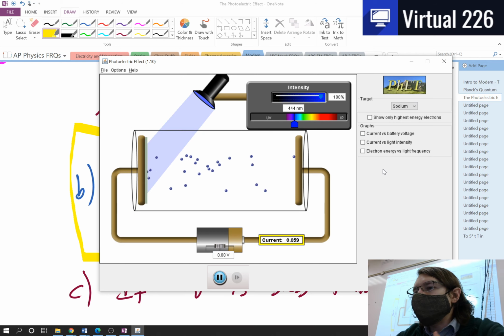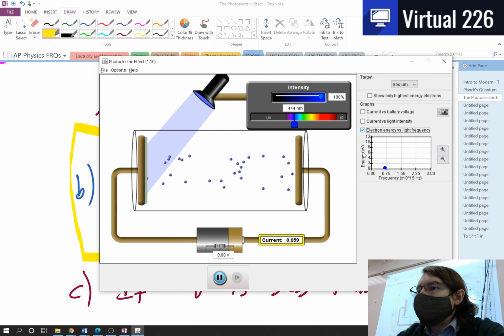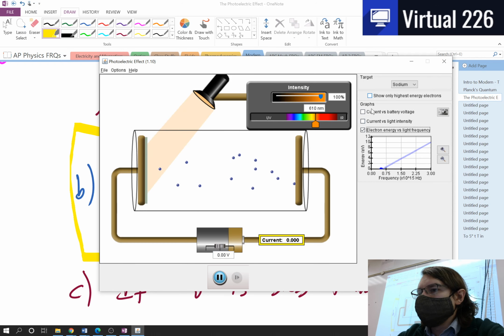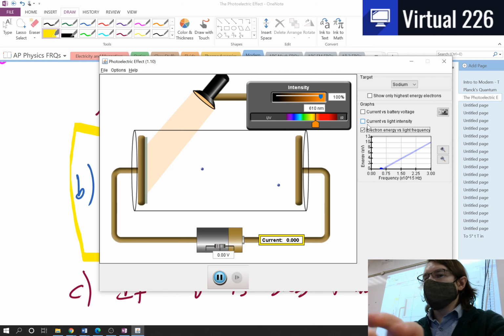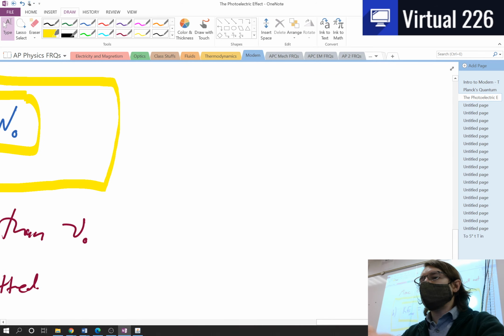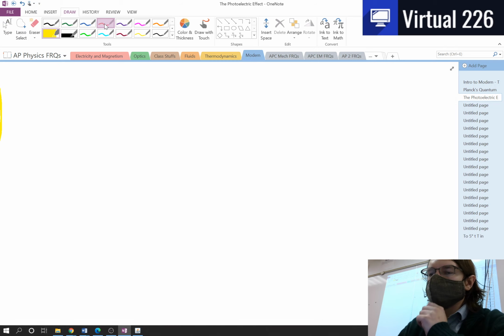Now, one thing that is fascinating to look at here is this graph. It's kind of hard to see, so we'll actually blow this graph up a little bit larger. What this graph is showing here is the following.